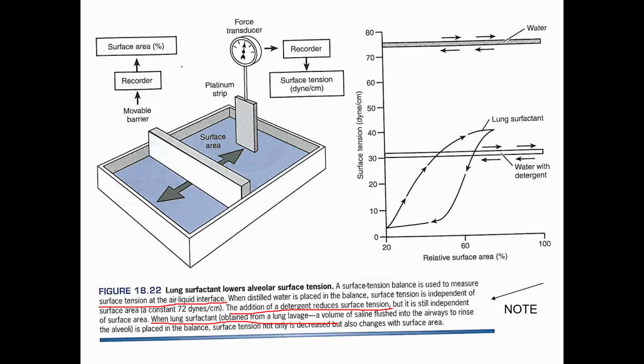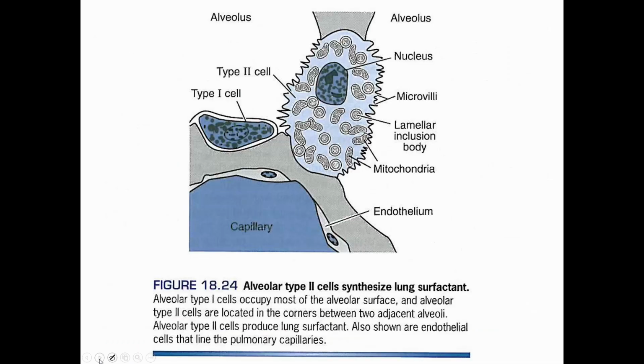The water interface is the same everywhere. If you add detergent, surface tension is the same everywhere, doesn't matter what the area is. However, there's something special about surfactant: the surface tension changes with surface area. Hold on to that, because we're going to get back to that.